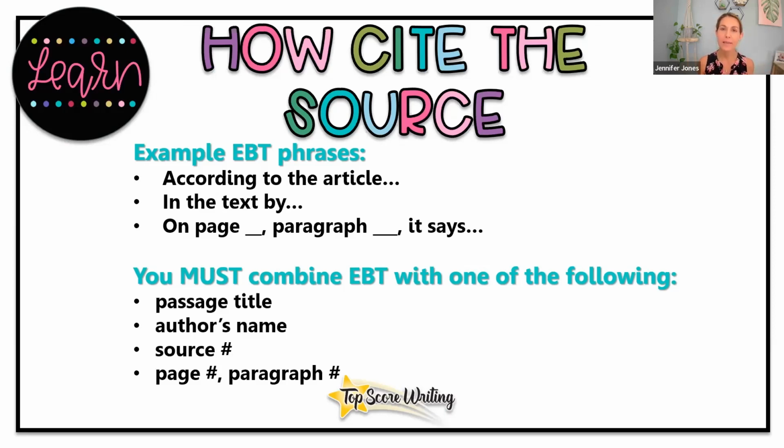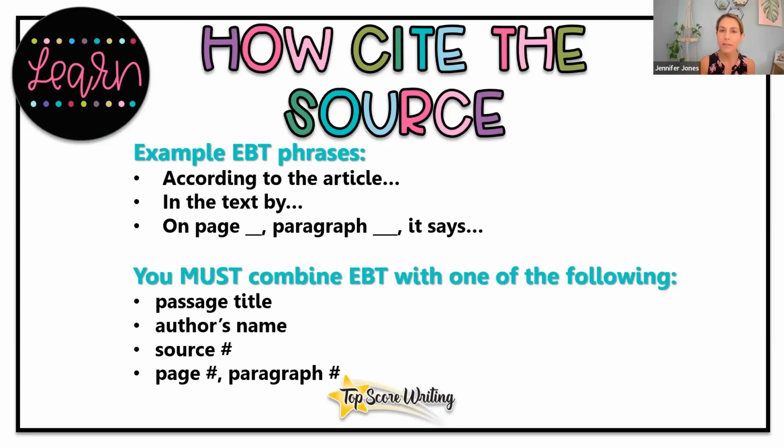Now, how do I name where the information came from? Well, that's very simple. You either are going to write the passage title or the article's title, the author's name, the source number, or the page and paragraph number. Any of these options are okay. So you could say, according to the article, alligator habitats, and use the title. Or you could say, according to source 2, and use the source number.